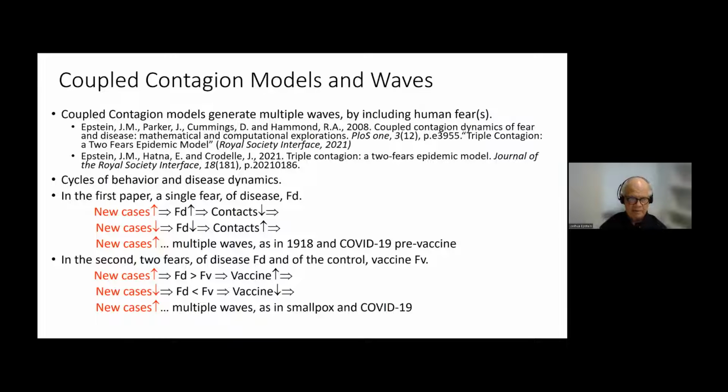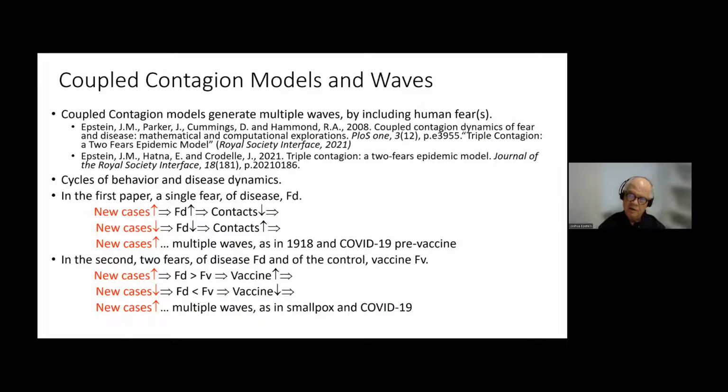In the second paper, there are two fears, one of disease and one of the control, which we assume to be vaccine in this case, FV. And now, if there are new cases, it's not simply that FD goes up, but FD exceeds FV. You're more afraid of the disease than you are of the vaccine. And this makes people take the vaccine.